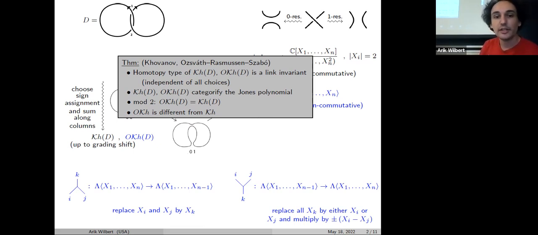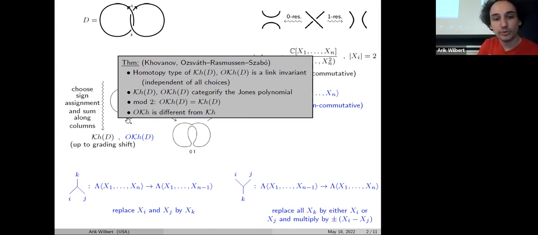And they both categorify the Jones polynomial, which is maybe not so surprising given that the underlying vector space is the same in both constructions. The only difference is in the maps where I introduce these signs. And since it's only signs, bullet point number 3 is also not surprising: mod 2, these things coincide.